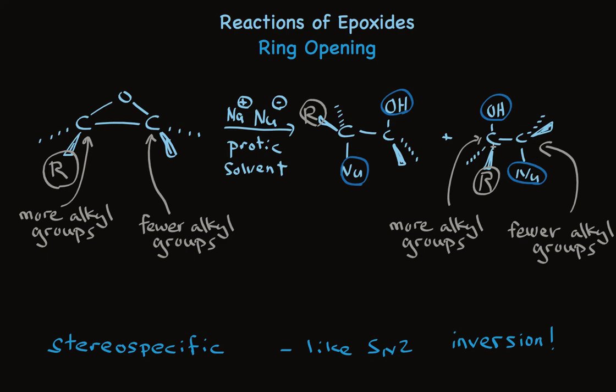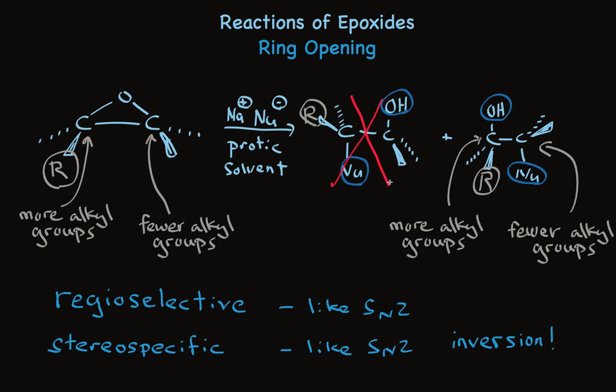When we have differential alkyl substitution, the nucleophile prefers to add to the carbon that is less substituted. We call that regioselective when it selects one position over another. And it has the regioselectivity typical of an SN2 reaction. The nucleophile adds where there's less crowding, fewer alkyl groups. So in fact, we can say that this product is not formed.